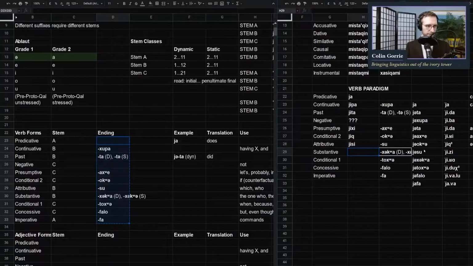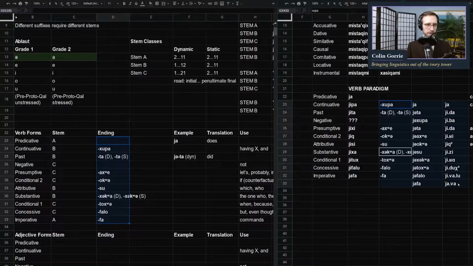So we have yira. Conditional 1, this is the tochwa form, so we have yiduch. Concessive, this is the falo form, so we have yivalu. And imperative, this is the fa form, so we have yava.